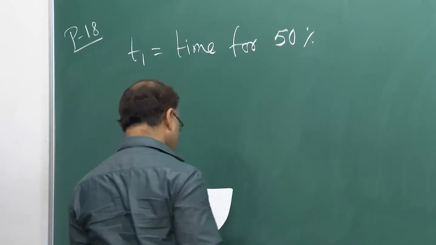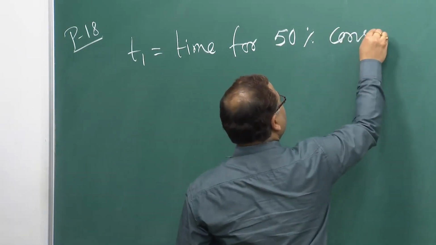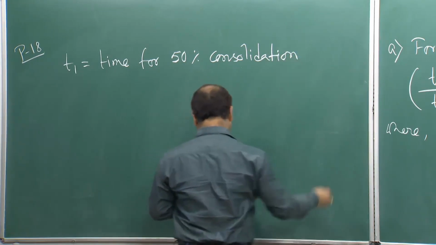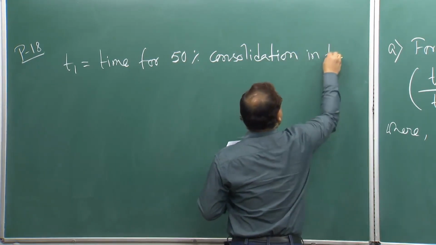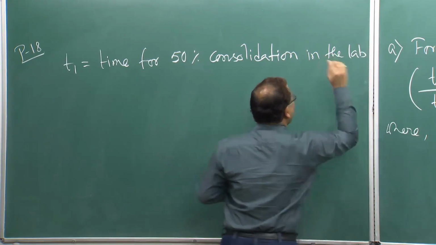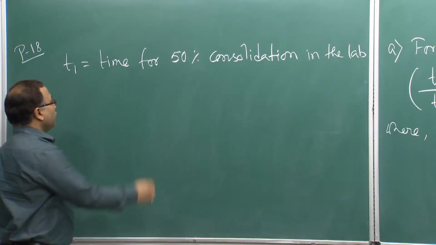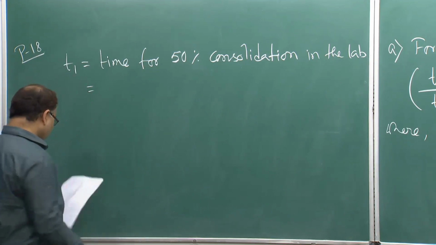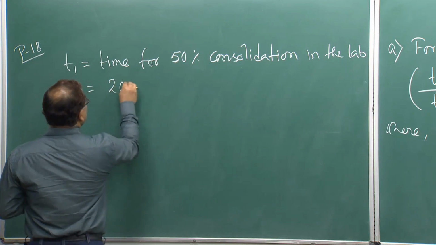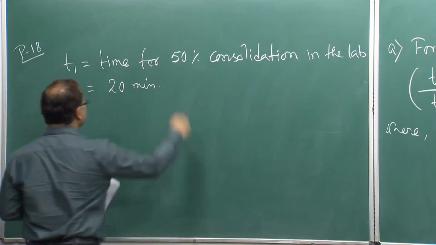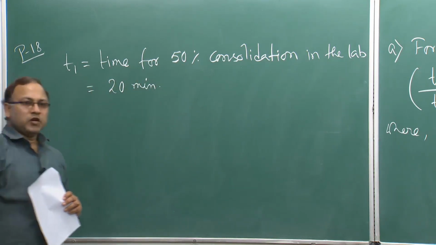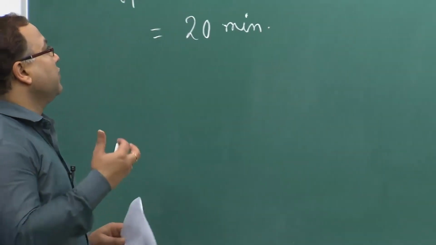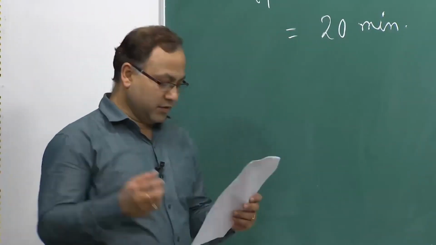Okay. Well, now T1, that is your time required for 50% consolidation in the lab. So, what is the value of that? 20 minutes, right. It is given in the problem as 20 minutes. Okay. So, our objective is to find out T2, that is the time required for 50% consolidation in the field.